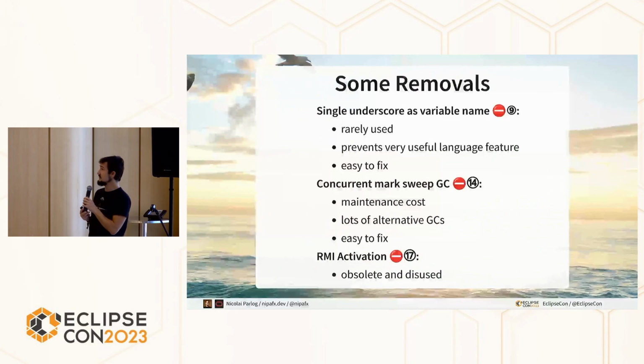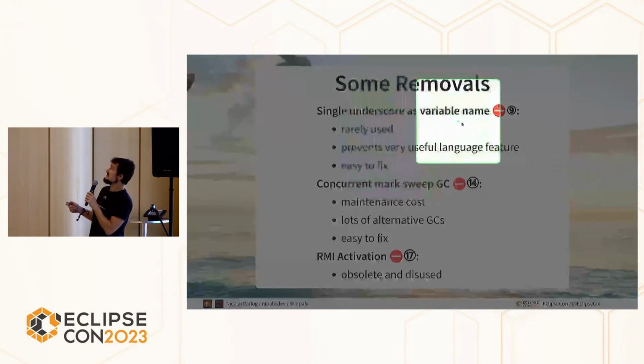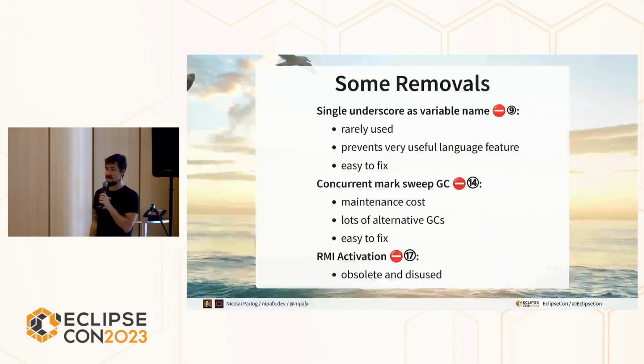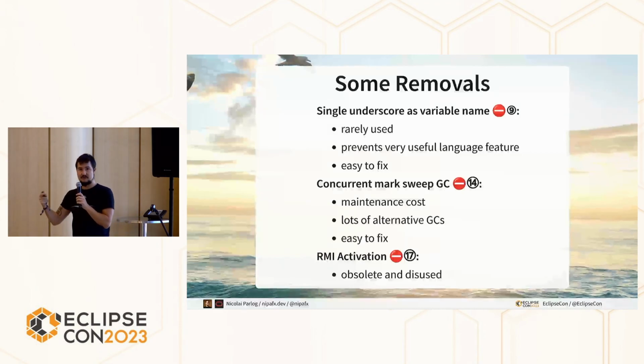I brought a few examples. For example, something that got removed is the single underscore as variable name. We briefly had this discussion earlier. That's now the unnamed pattern or the unnamed variable. Up to Java 7, you could just use the single underscore as a variable name. By the way, you can still use the single underscore in variable names, just not the single underscore on its own as a variable name. That gave you a warning in 8 and was removed in 9 with the idea to reintroduce it later for what we get now.